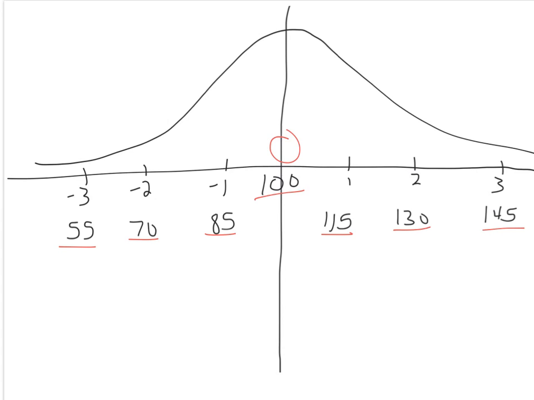Now, as for the terms that we had to match up with the standard scores, we'll start here with 70. And this is well below average. And then as we move over to 85 with -1 standard deviation, below average.